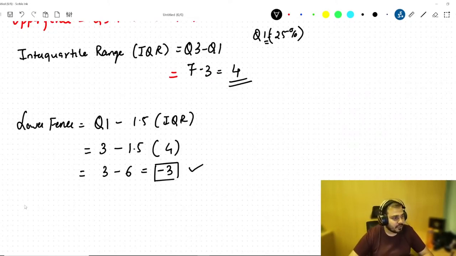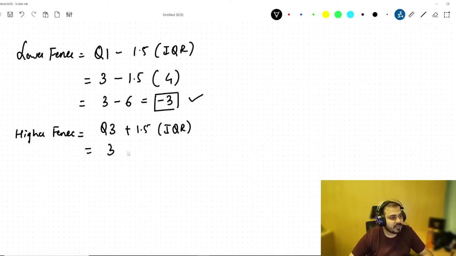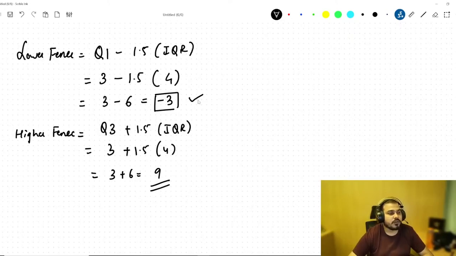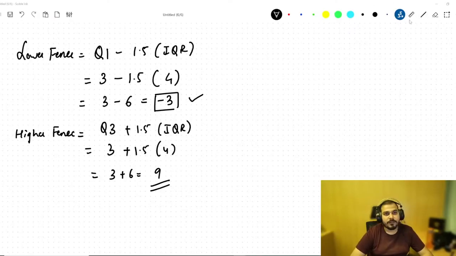Now let's compute the higher fence. Higher fence is Q3 plus 1.5 multiplied by IQR. Sorry, one mistake that I have done.